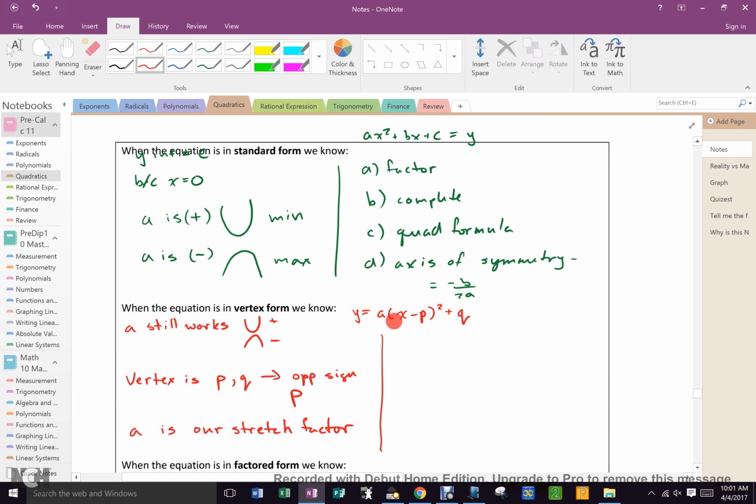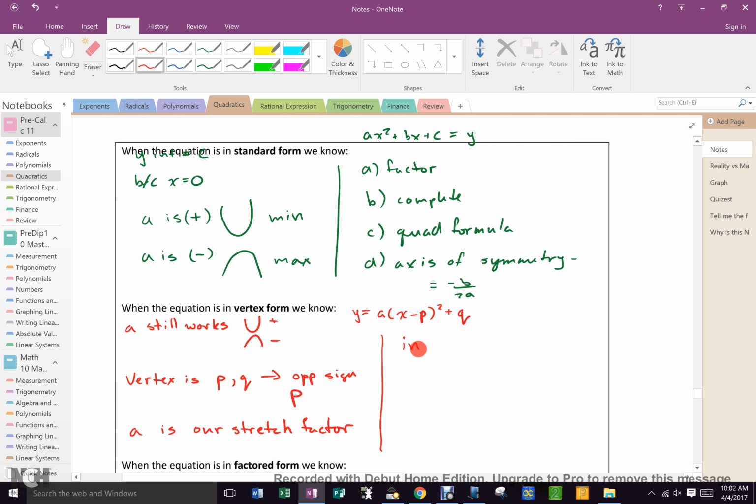Now, what math can I do there? Can I do anything with it? I can use this to find intercepts by subbing in, right?